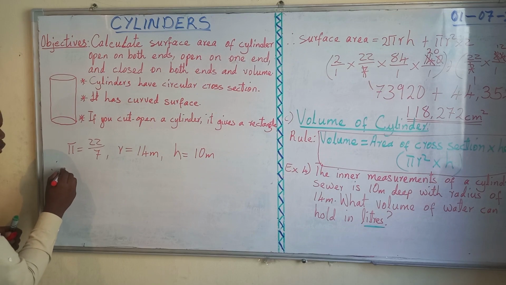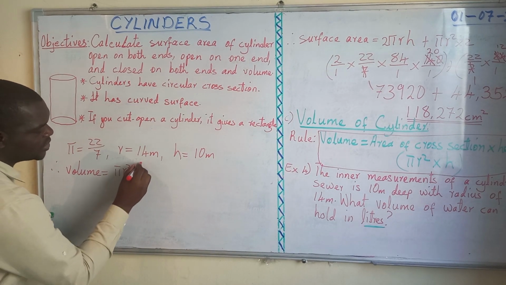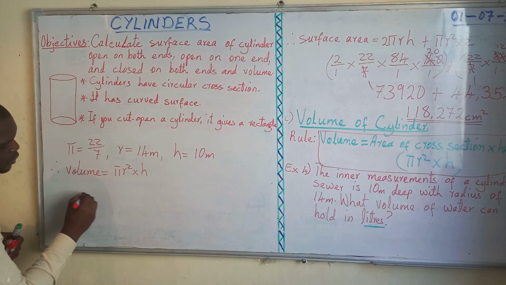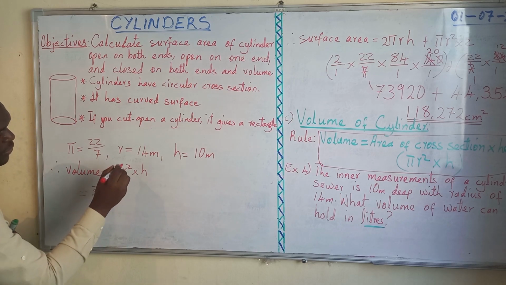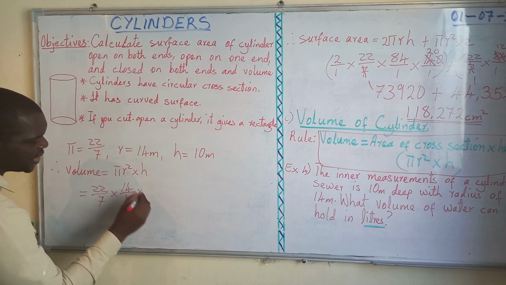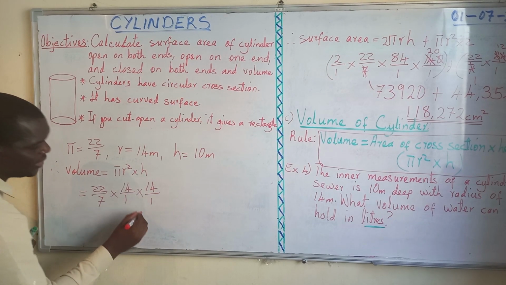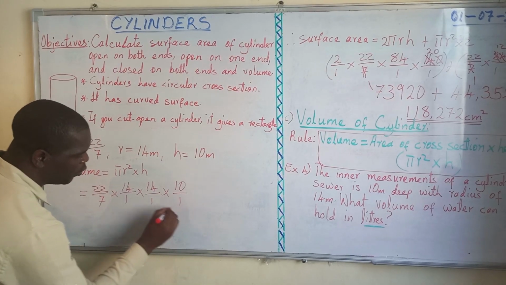Therefore, volume will be equal to pi radius square times height. And if we are to substitute, this will be 22/7 times the radius, which is 14/1, times radius again, 14/1, times the height, which is 10/1.